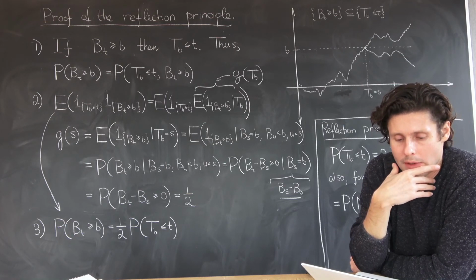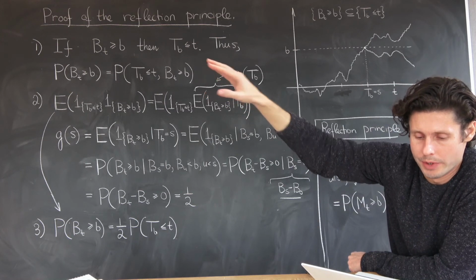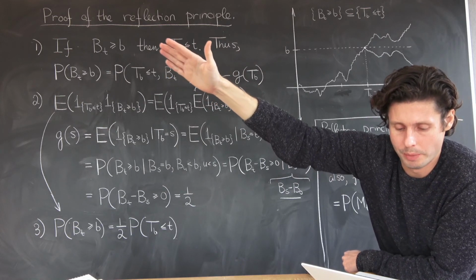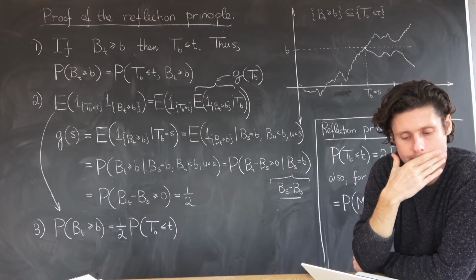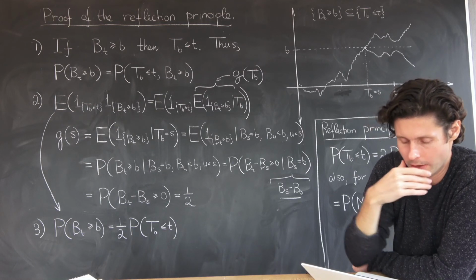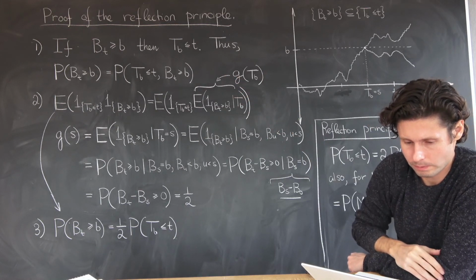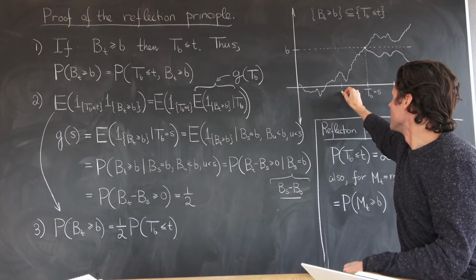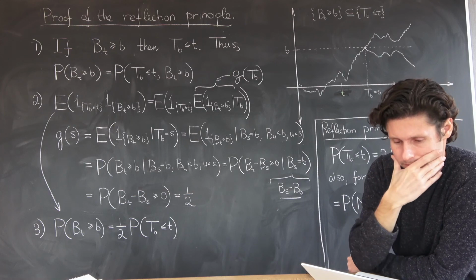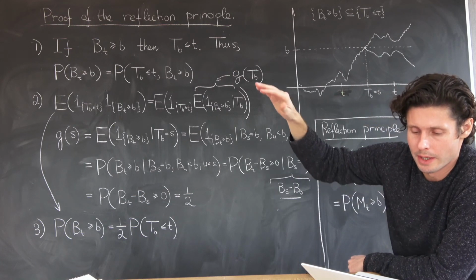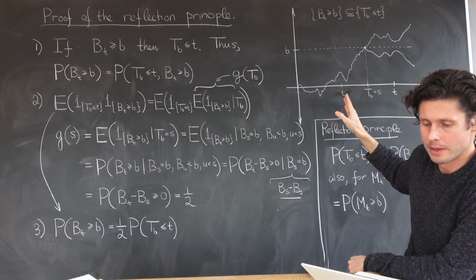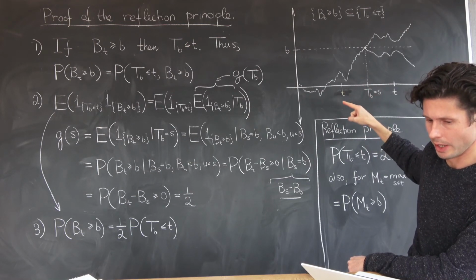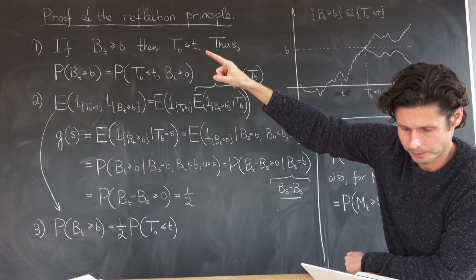You can negate both things. If some property implies another property, then not this implies not that. That's certainly true, and we can verify it. Maybe I can place time t like so. Time t, let's say, precedes the actual hitting time, or in other words, the hitting time is larger than time t, which is the opposite of this statement.